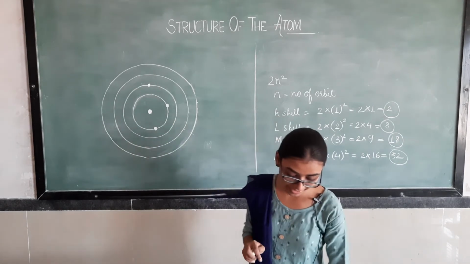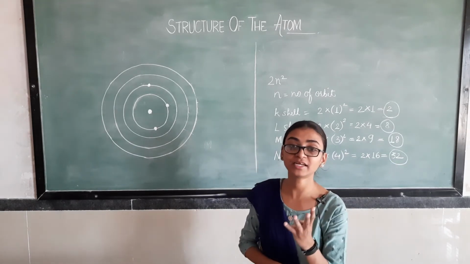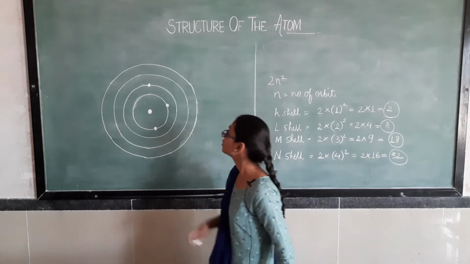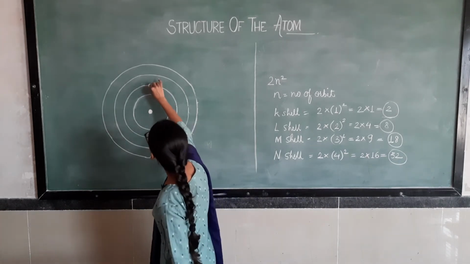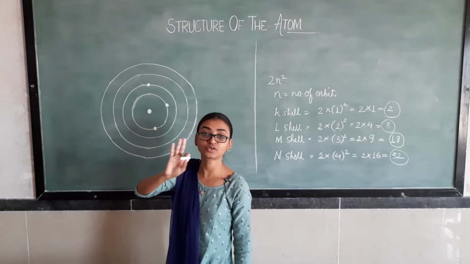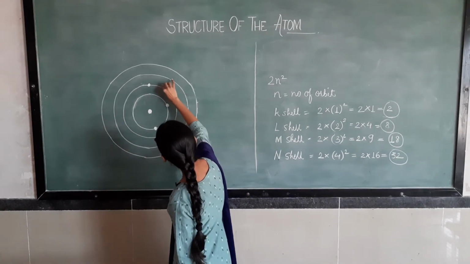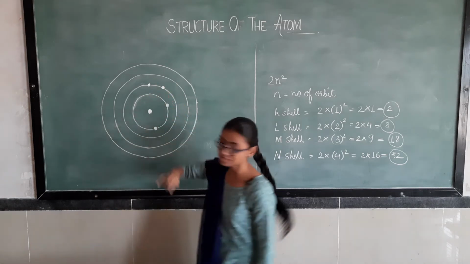Now beryllium, the fourth element. Beryllium has 4 electrons. The L shell can accommodate 8 electrons, so its fourth electron will be filled in the L shell only.